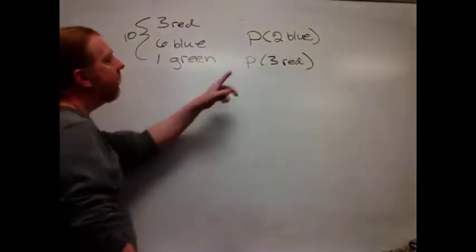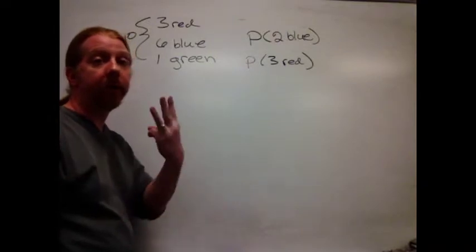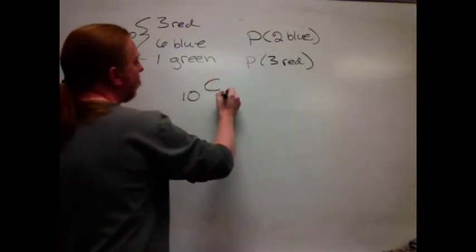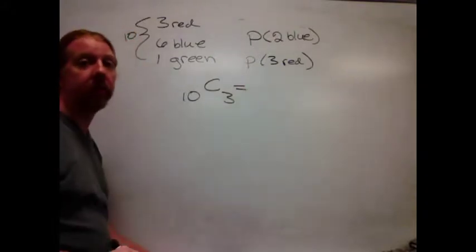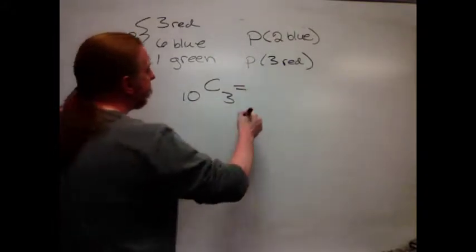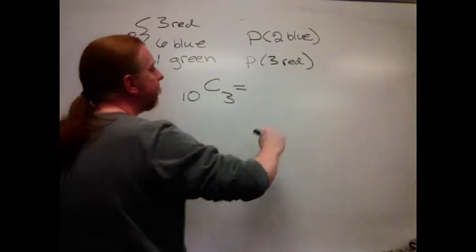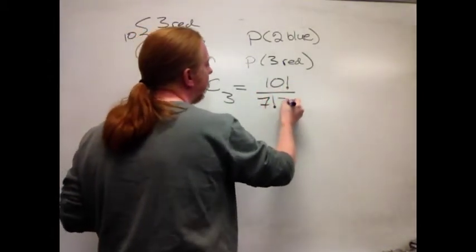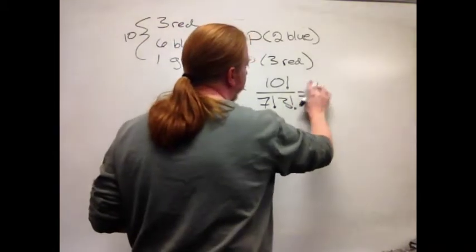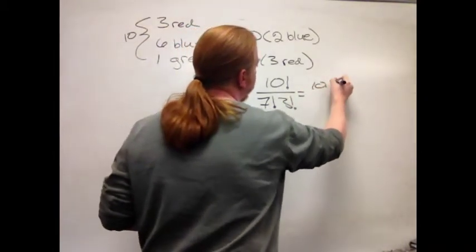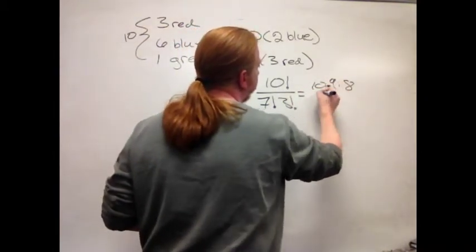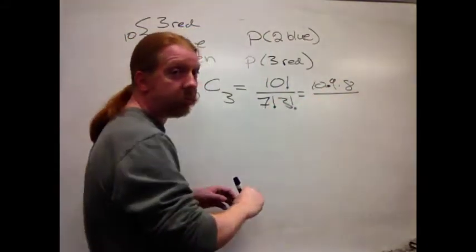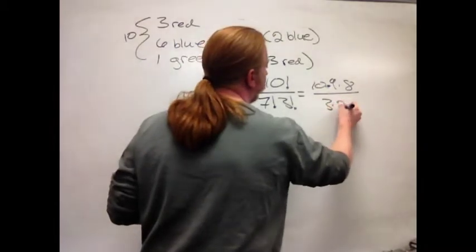Let's talk about this probability that I pull out 3 red. So, I have 10 marbles in my bag. I'm going to randomly choose 3 because I've pulled out 3. So I'm working with a combination involving 3. So 10 factorial divided by 7 factorial, 3 factorial, which is 10 times 9 times 8 divided by, the 7 factorial will cancel out, 3 times 2 times 1.